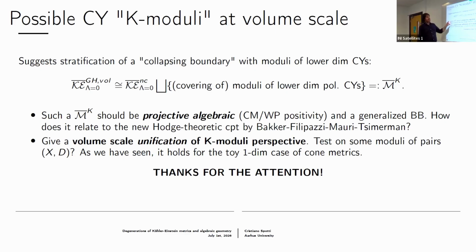It's very likely that in reality it is deeply connected to this new Hodge-theoretic compactification by Bakker, Filipazzi, Mauri, and Tsimerman, which uses Hodge theory to get a compactification. And one can test how well this picture works, for instance by looking for modular examples, because in this one-dimensional case we observed that fixing the volume works for this unification, and one can wonder how you would do it in general. So, yeah.